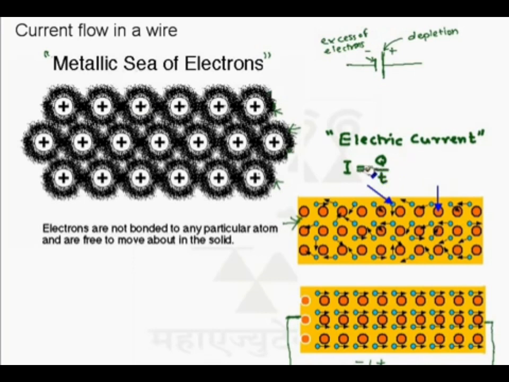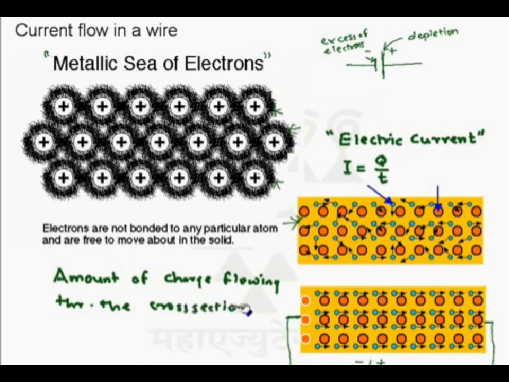Or, in other words, electric current can be defined as the amount of charge flowing through the given cross section of the conductor in unit time.